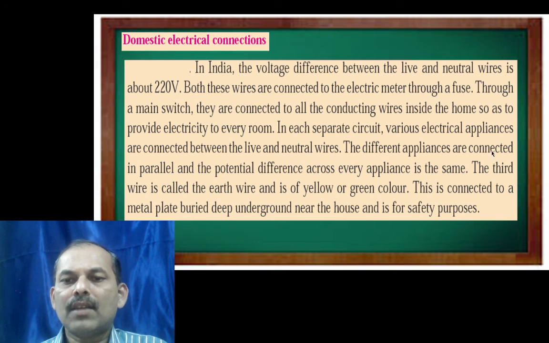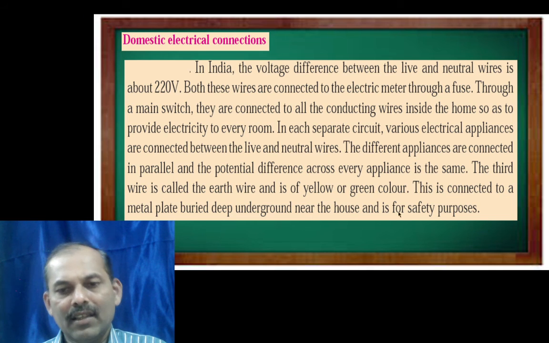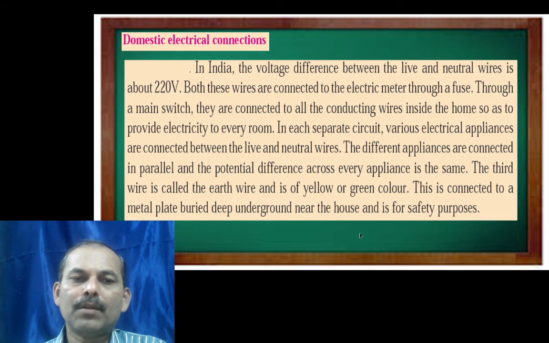The different appliances are connected in parallel and the potential difference across every appliance is the same. The third wire is called the earth wire and is of yellow or green color. This is connected to a metal plate buried deep underground near the house and is for safety purpose.